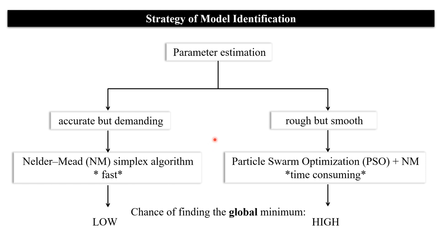An example here is the Nelder-Mead simplex algorithm, which is a gradient-free algorithm that enables solving basically non-convex and non-smooth problems. But there is a problem if the accuracy of the estimation is just slightly off. We risk ending up in a local minimum.